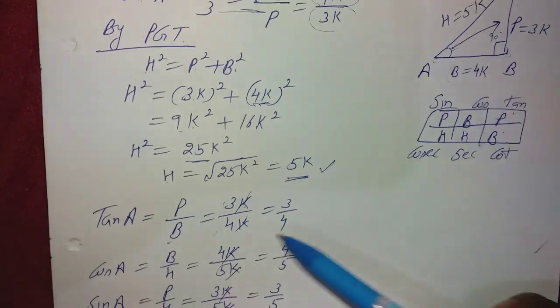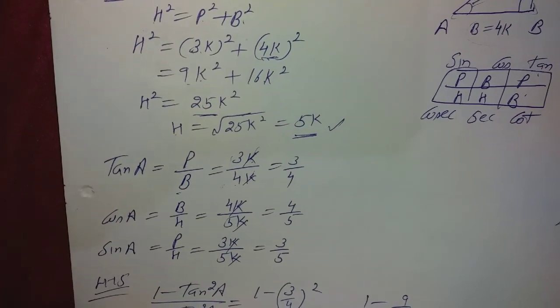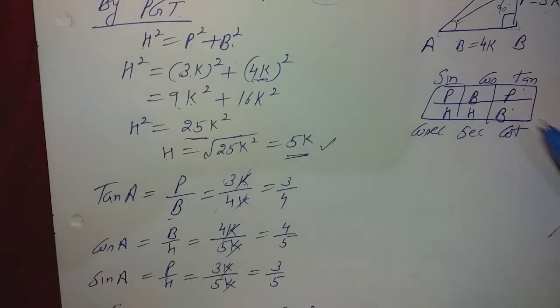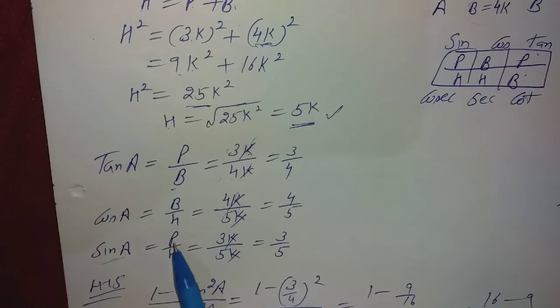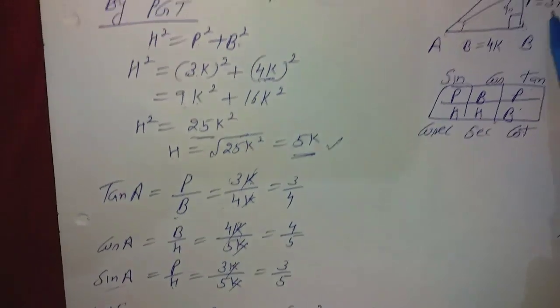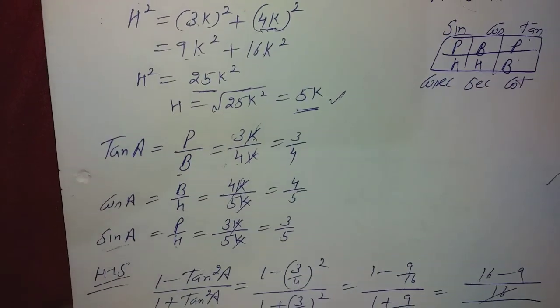So put here and you will get 3 by 4. Same for cos A, cos is b by h, b is 4k, h is 5k, 4 by 5 left. Sin A, p by h, p is 3k, h is 5k, cut it, left here 3 by 5.